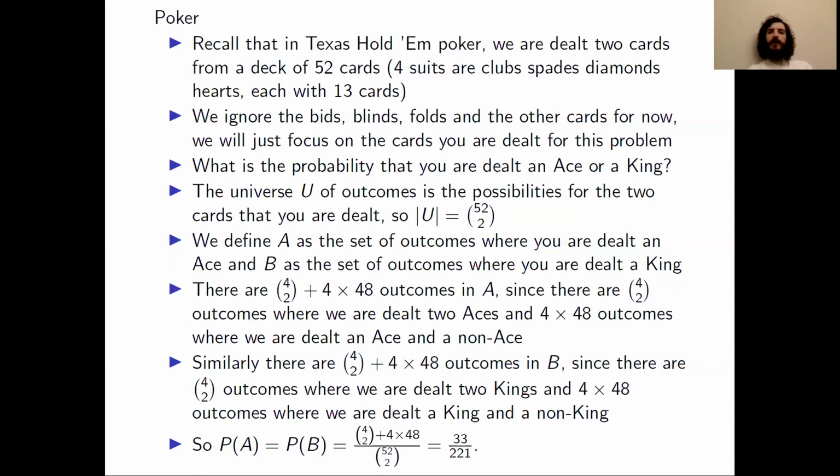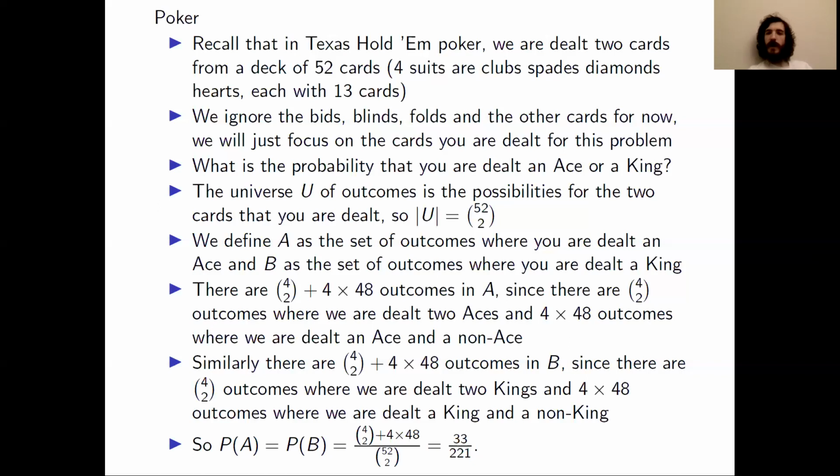So we can say that the probability of A is the same as the probability of B because the cardinality of A is the same as the cardinality of B. So both of their probabilities are equal to 4 choose 2 plus 4 times 48, all of that over 52 choose 2. We simplify that, we get 33 over 221.